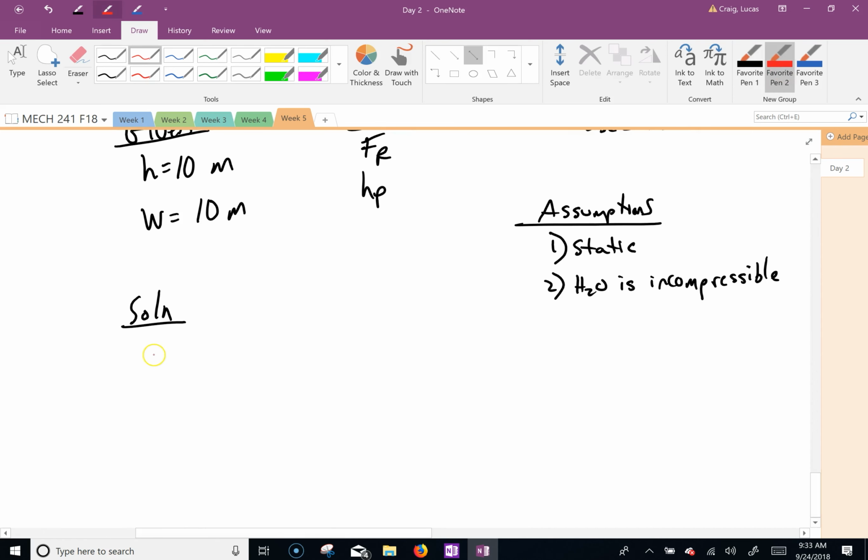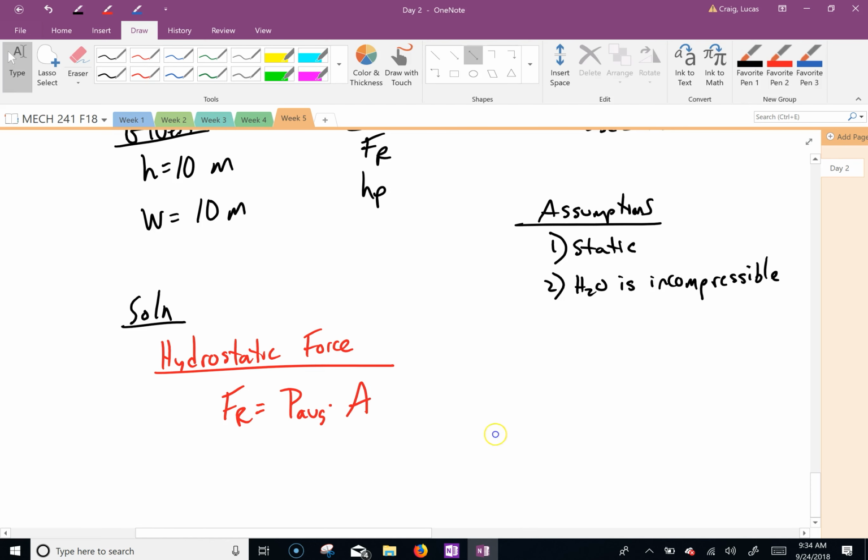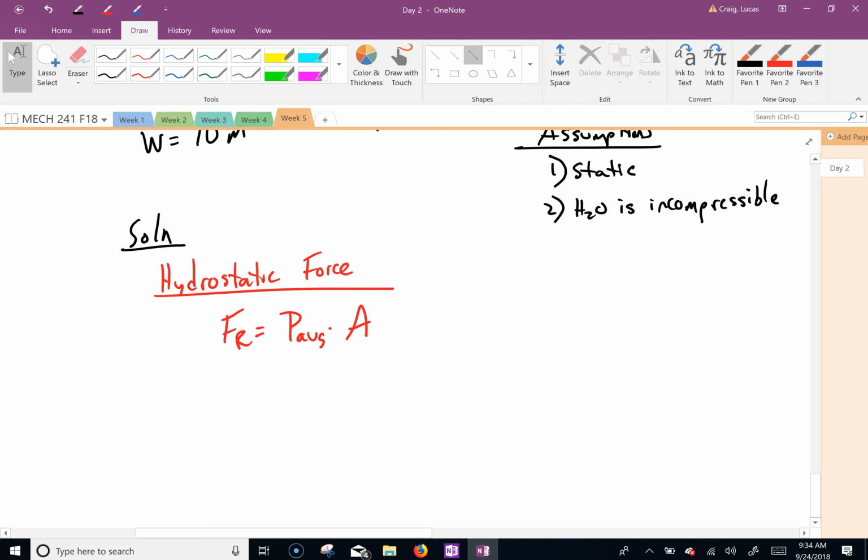Okay, so under solution, let's have a heading. And let's just type it hydrostatic force. Or you can say find FR, it's up to you. So FR equals P average times A. And you could do this.